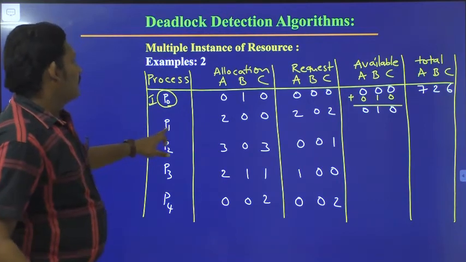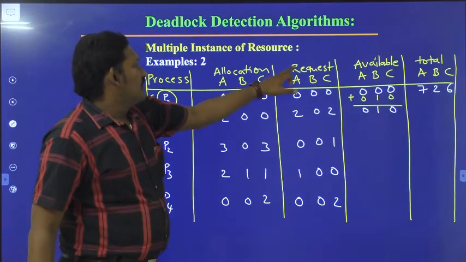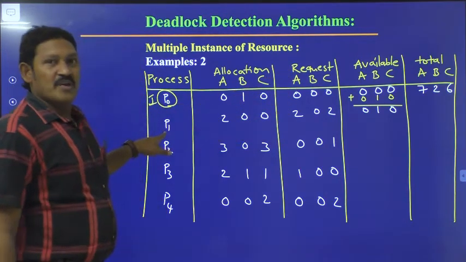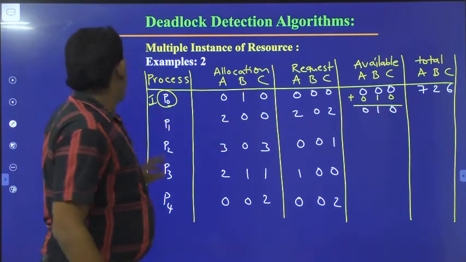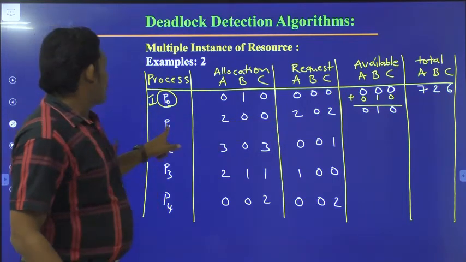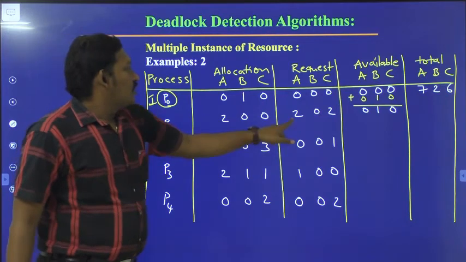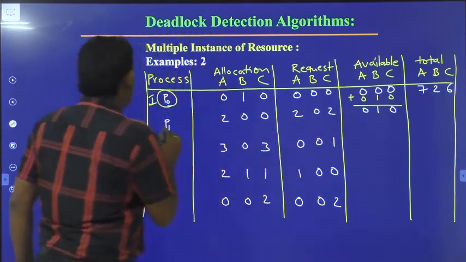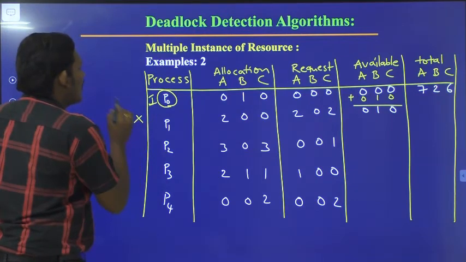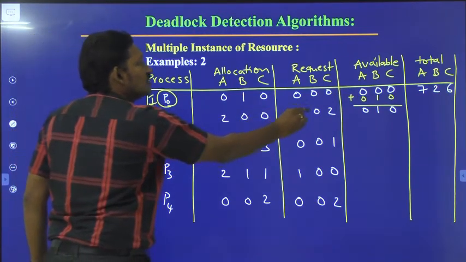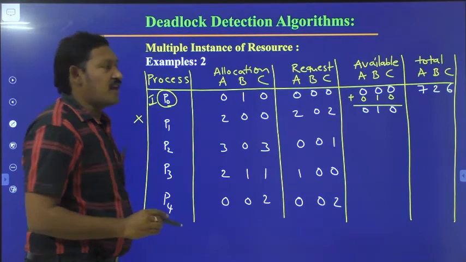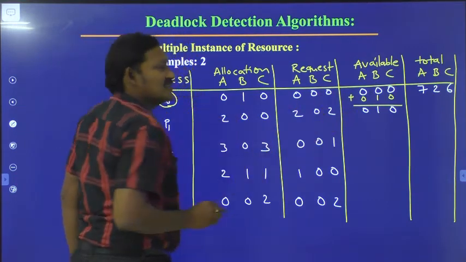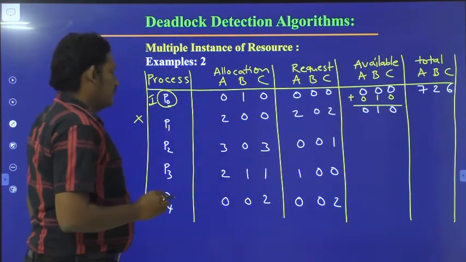Now if you check process P1, it requires 2, 0, 2. So it is not possible, because it requires 2 instances of resource A, but you have 0 instances of resource A, right? Okay.